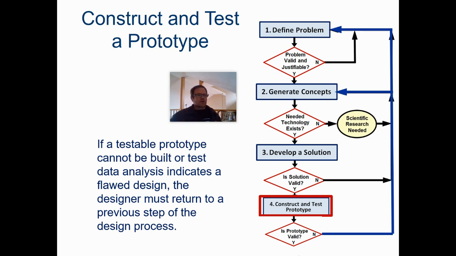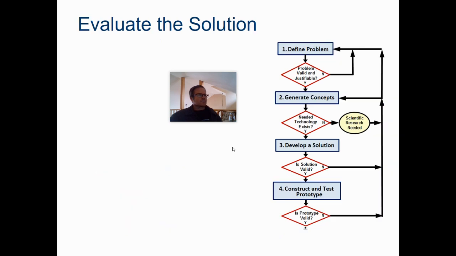So guess what we're going to do? We're going to go all the way back to where we generated concepts and look at our decision matrix and maybe try a different one. This happens all the time. Sometimes engineers and designers are working on things for years because they can't find the solution they want.